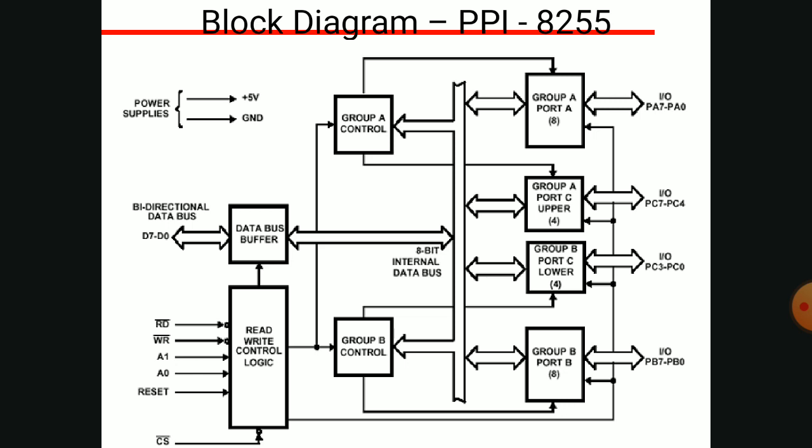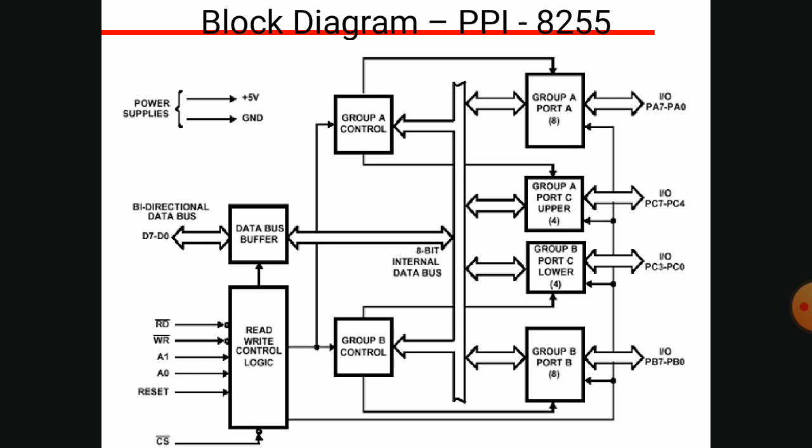What are group A and group B? Group A controls port A and port C upper. It is a combination of the port A lines as well as the port C upper lines. Group B controls the port B I/O lines and the port C lower I/O lines.